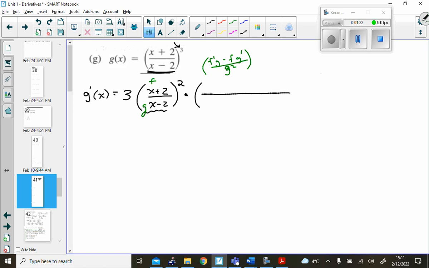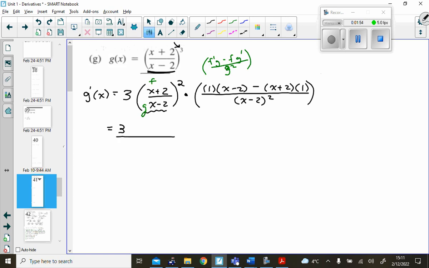So f prime, the derivative of x plus 2 is 1. f prime g minus f g prime all over x minus 2 squared. Okay, so what you're going to see me do a few times in these questions when you have multiple fractions, I'm going to leave the 3 here.